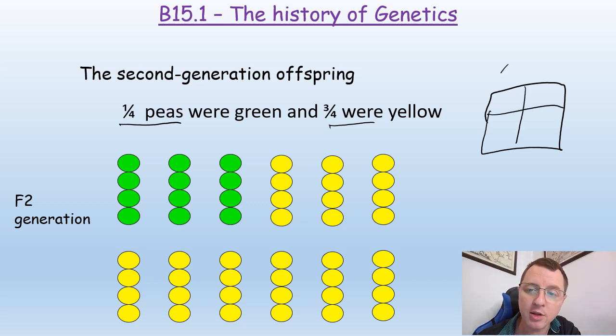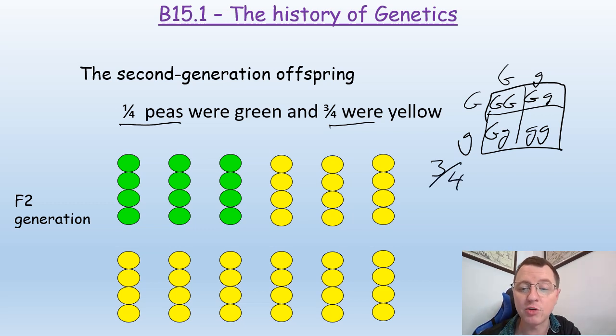Well, we have bred two heterozygous parents together. So if we fill in the Punnett square, we get big G big G, big G little g, big G little g, and little g little g. 3 out of the 4 squares contain the dominant allele and are therefore yellow.